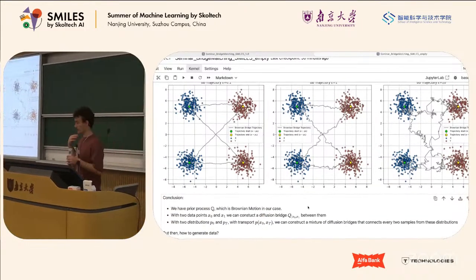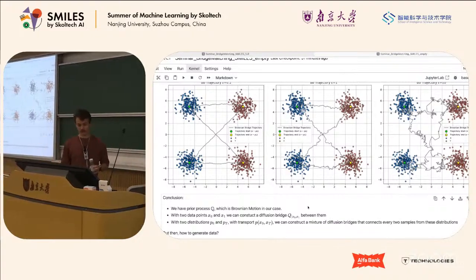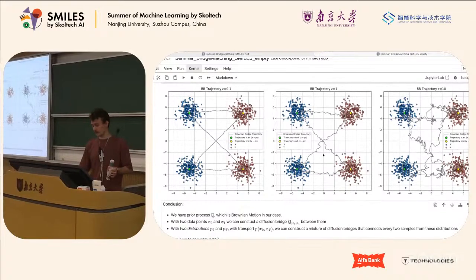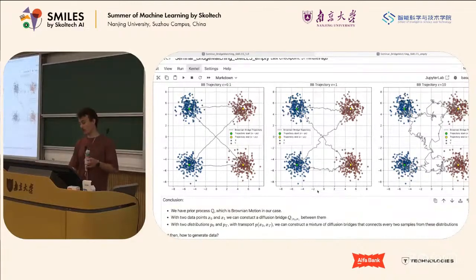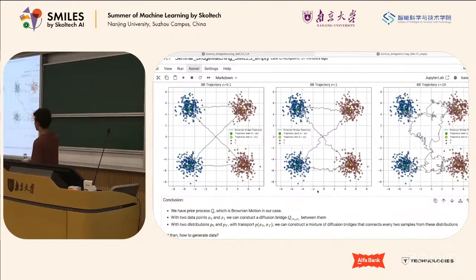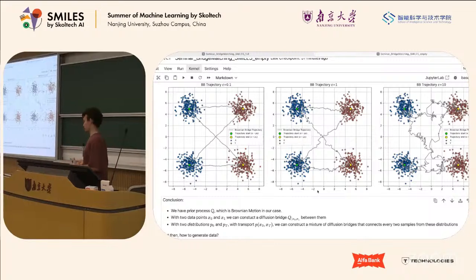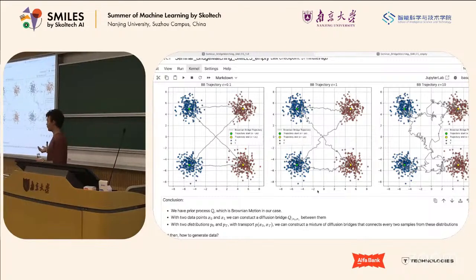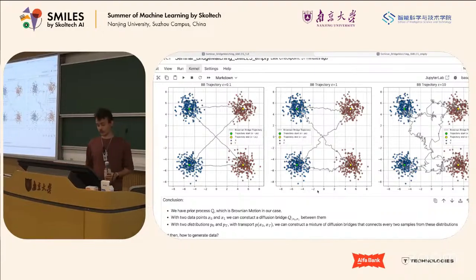If we have pairs between the source and target distributions, then we can easily build the diffusion bridges between those 2 points. However, as I said, this process is non-Markovian and we cannot generate data from it. That's the problem, because the task that we solve is data generation, and we cannot employ reciprocal processes for it.